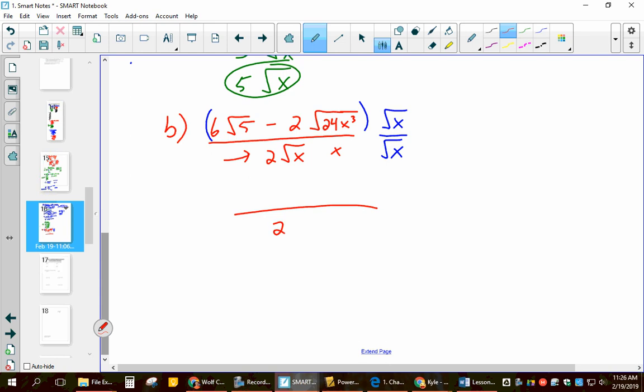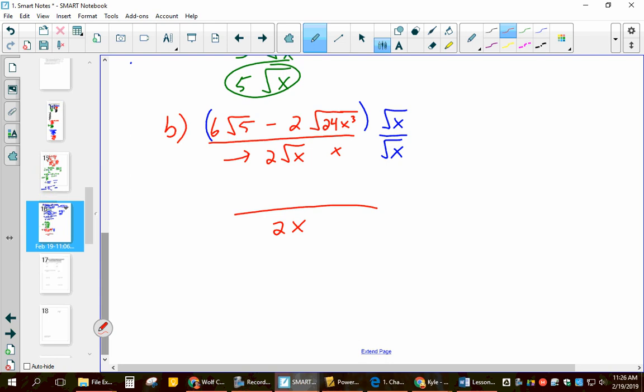That would become 2x, right? That's the whole point. Root x times root x is just a big old x. I've now rationalized it. There's no more irrational number in the denominator. There's no more square root symbol in the denominator. But I have to actually multiply the top now.